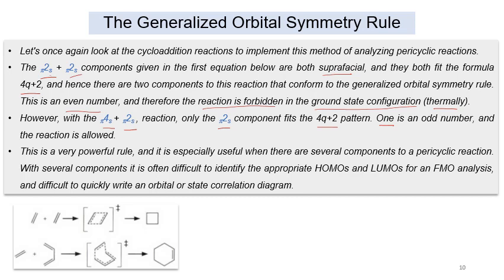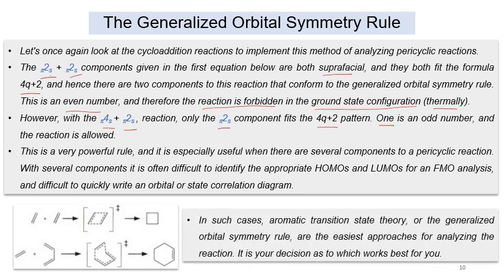This rule is very important. It's very powerful, especially when there are several components in a pericyclic reaction. However, with several components, it's sometimes difficult to identify appropriate HOMOs and LUMOs for a frontier molecular orbital analysis, and it is rather difficult sometimes to write an orbital or a state correlation diagram.